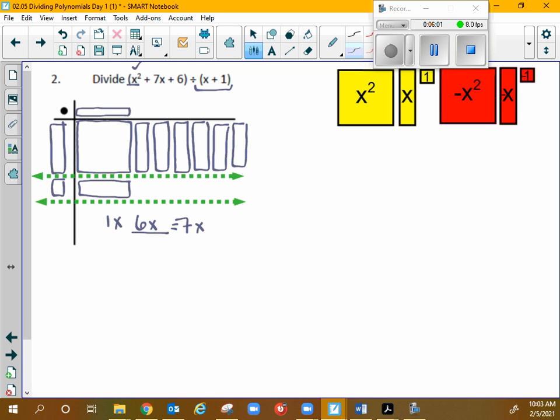Okay, 6 x's. Is it possible for me to create 6 x's from that x out on the left? Yeah, what would be on the top? 1. How many? 6. Okay, if I have 6 1s on the top and a 1 down on the side, what am I going to create in my empty space? 6.